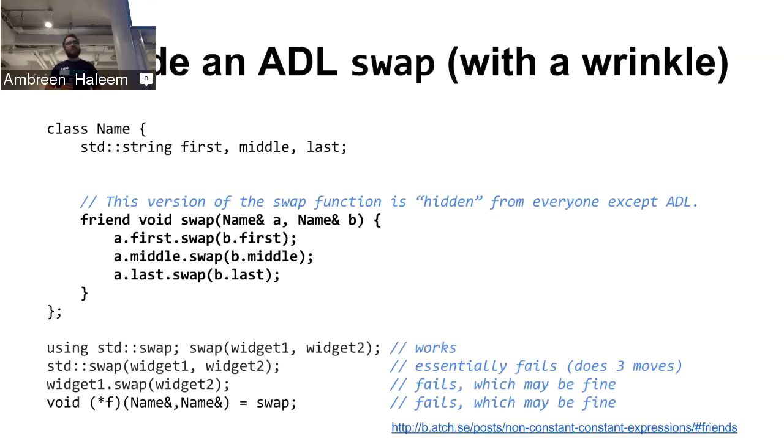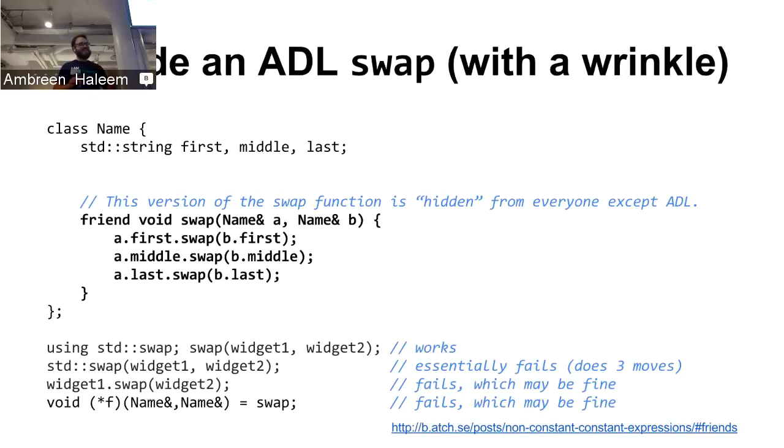So you can do this, but if you do this inside the class, you're actually putting that free function into a sort of hidden namespace that's not the namespace outside the class. It's not the global namespace, but it's also not the class namespace. You can't get at it by saying name::swap either.